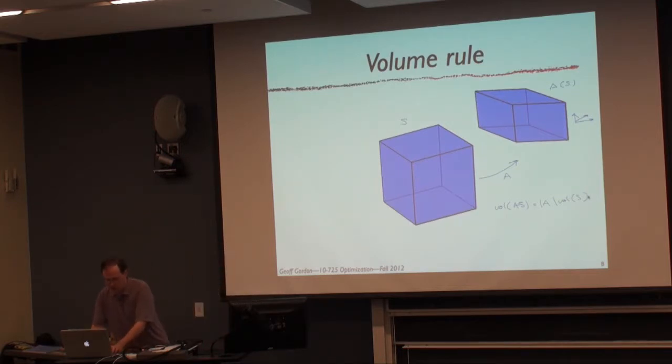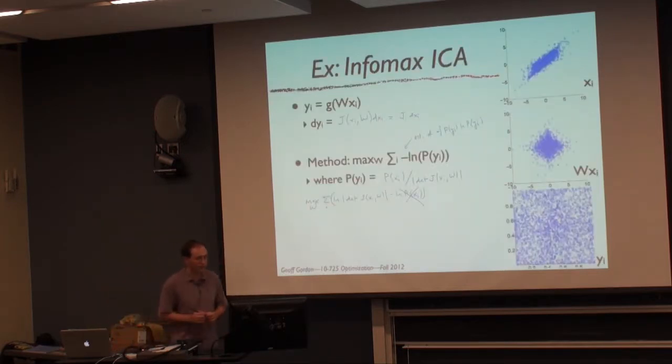Very useful rule, as it turns out, particularly for independent components analysis. So now what we want to do is our independent components analysis. So we have Y is g of W times xi.